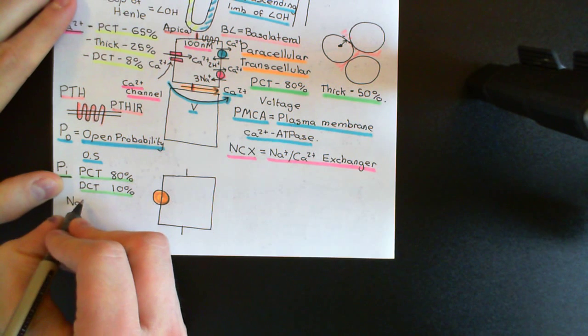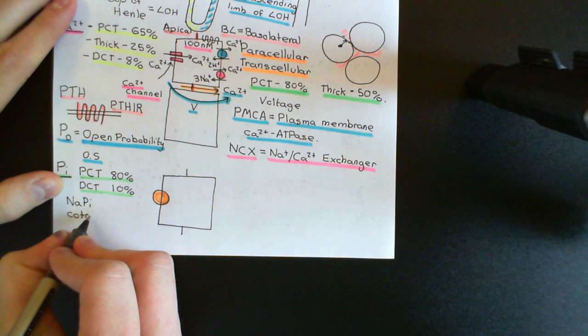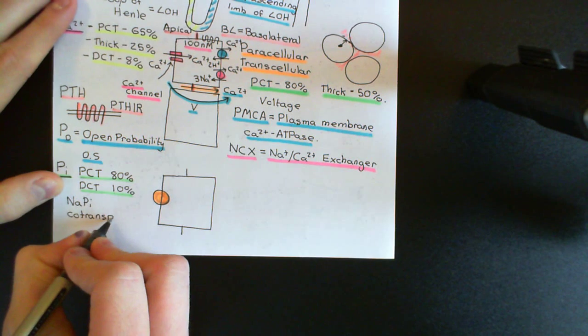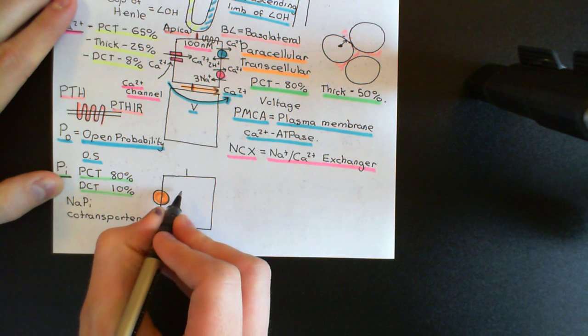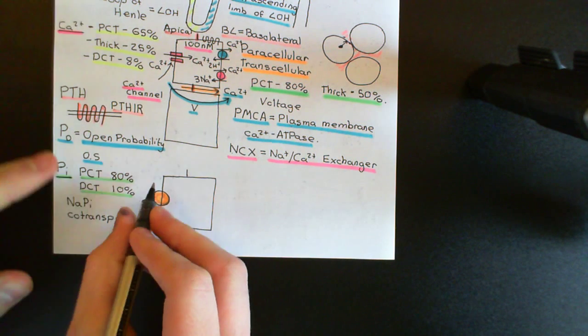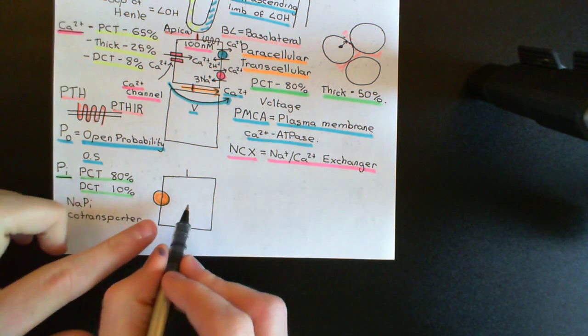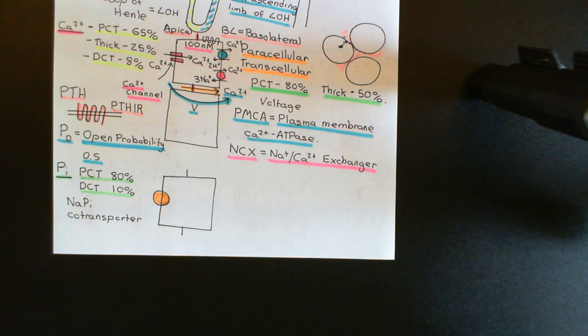The NaPi co-transporter is what it's called, and it's going to move sodium ions down their electrochemical gradient into the cytoplasm of the cell, and it's going to use that energy to move phosphate ions from the luminal fluid into the cytoplasm of the cell as well, and that gets those phosphate ions from the lumen into the cytoplasm of our renal tubule cell.